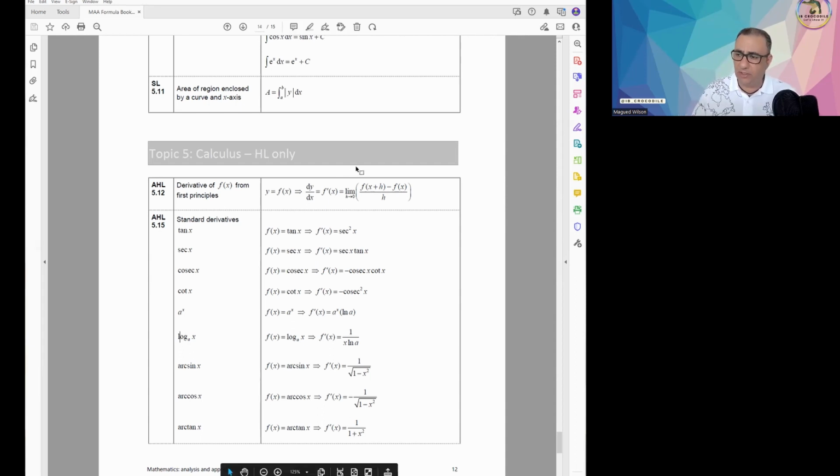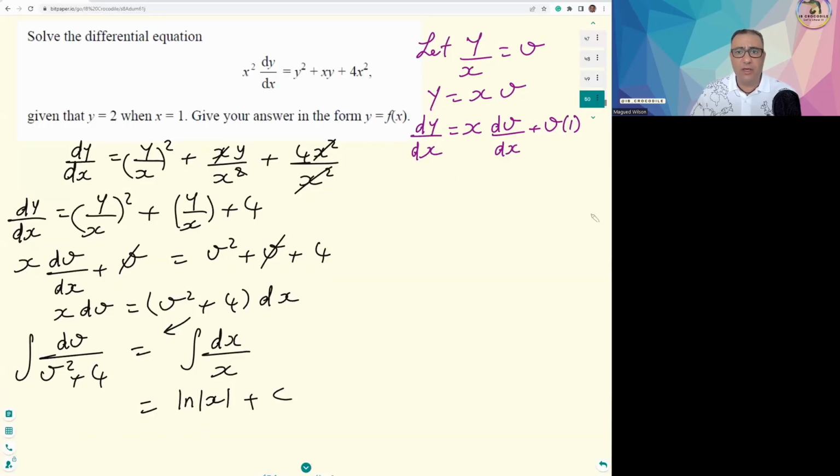So this is the formula that I'm going to use. But before using the formula, I need to do some manipulation to apply this law.